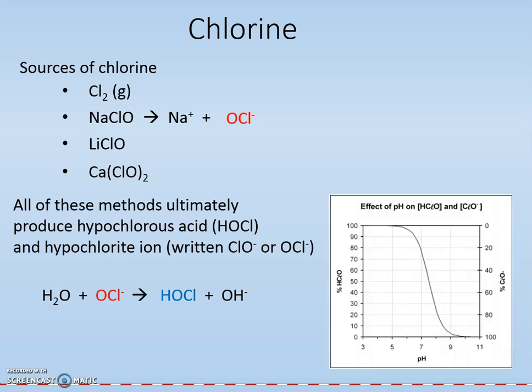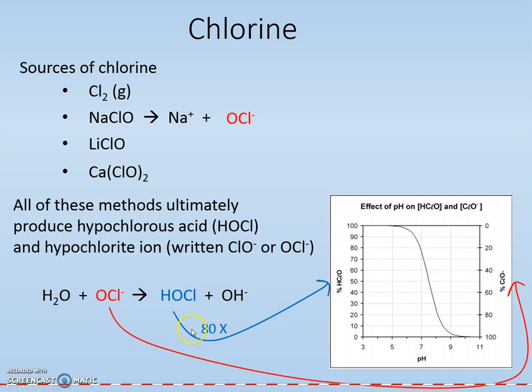This is an interesting graph. Here on the right, we have hypochlorite, and on the left, we have hypochlorous acid. Now, before we go any further, it should be noted that hypochlorous acid, according to some reports, is 80 times more effective at oxidizing than hypochlorite.